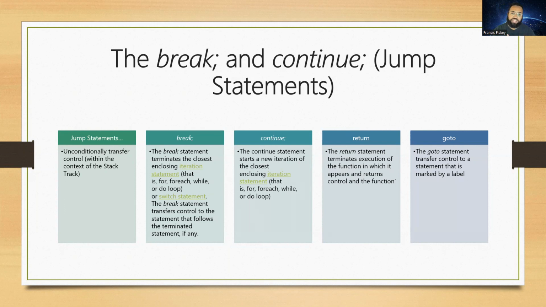Jump statements allow us to do some really gnarly things when we want to create a program that has exit conditions, or conditions where we don't really need to keep running the iteration of the loop. A jump statement unconditionally transfers control within the context of the stack trace. The stack trace is the sequential nature in which your code runs: line 1, line 2, line 3, line 4, line 5.